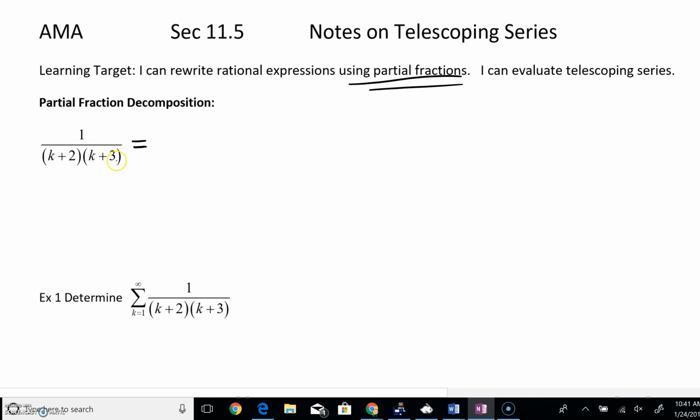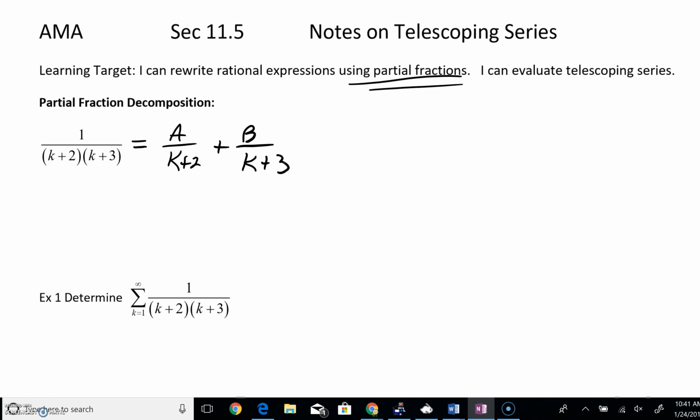If you had 1 over k plus 2 times k plus 3, we could get a partial fraction decomposition by quickly saying, look, that whole fraction with two different factors in our denominator can be written as two unique fractions with the simpler factors in the denominator.